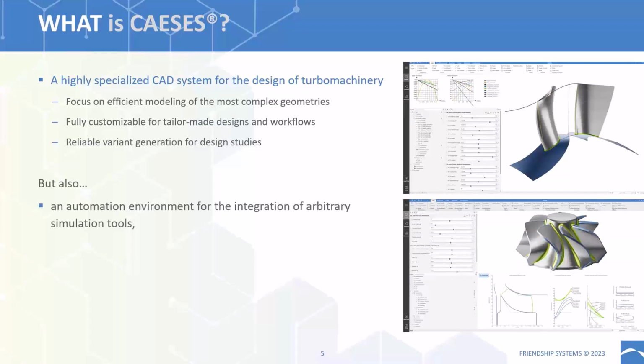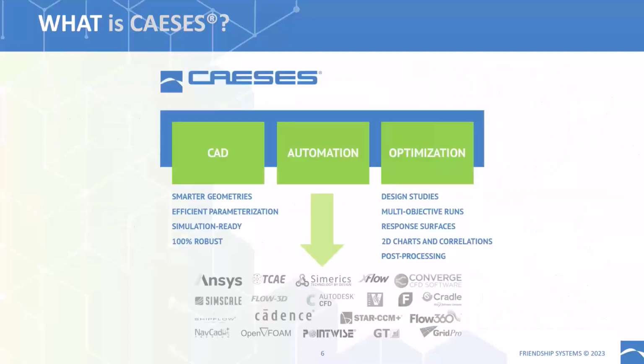But CAESES is also an automation environment that allows you to integrate arbitrary simulation tools in the process, and it is also a comprehensive optimization platform to run design explorations and optimizations. This is basically the summary of what I just talked about.